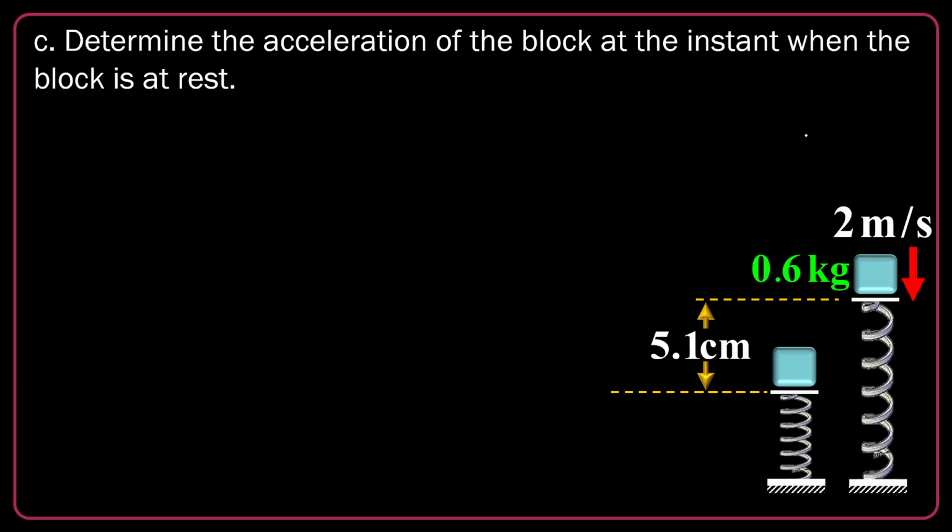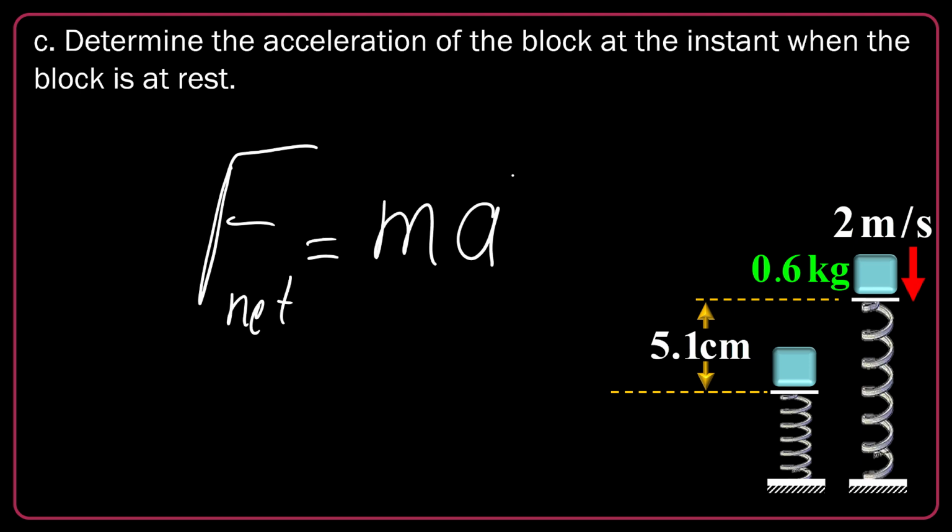Part C, determine the acceleration of the block at the instant when the block is at rest here. Guys, here the block is at rest. You know that acceleration is obtained out of Newton's second law. Net force acting on the object is ma. I'm looking for acceleration and I know the mass of the object.